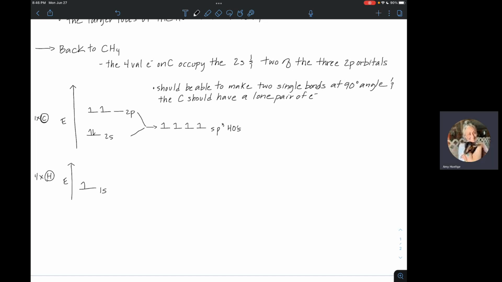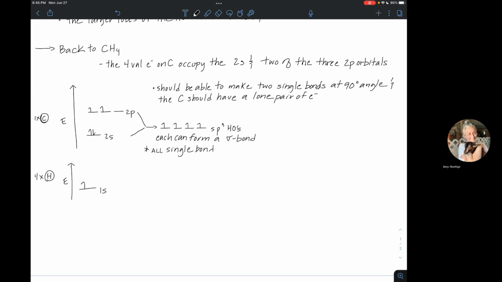Each of these can form what we call a sigma bond. Put a little star here that says all single bonds. This is going to be worth remembering. All single bonds are sigma bonds.